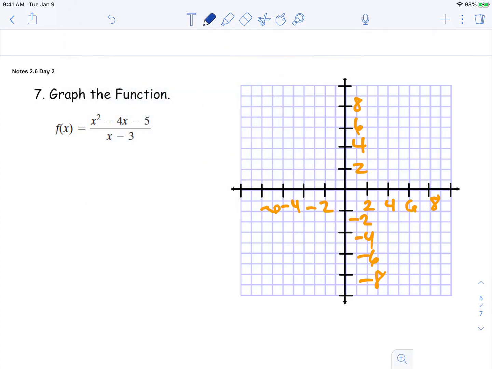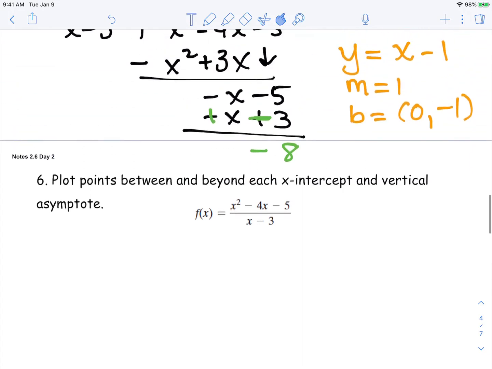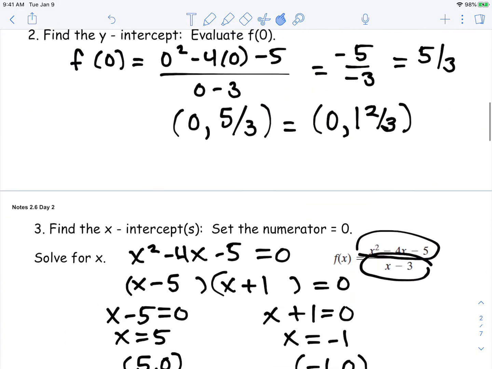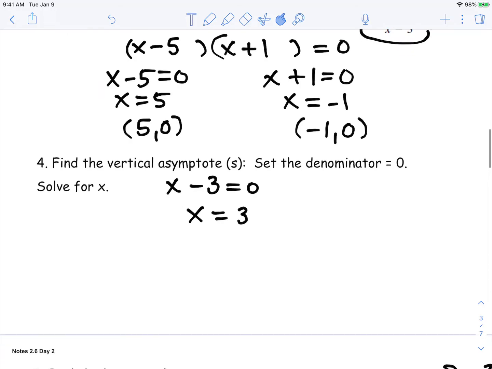Okay, we had a y-intercept of over 1 up 2/3, and then x-intercepts of 5 and negative 1.